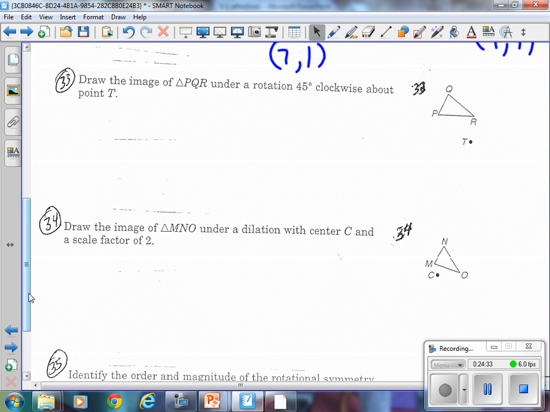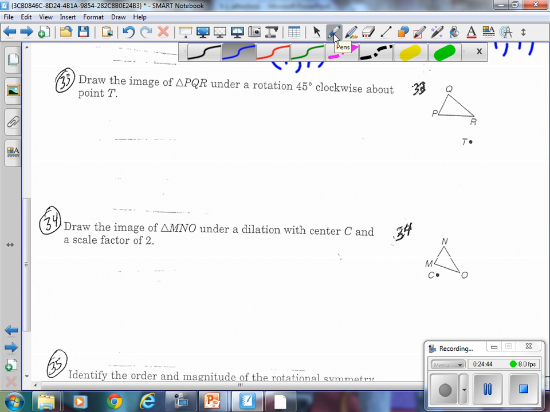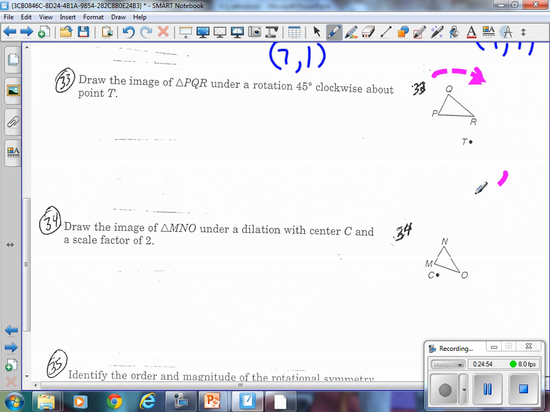Problem 35, draw the image of triangle PQR under rotation 45 degrees clockwise about point T. Change my pen color here. So let's use one of these dotted ones. We're going to go 45 degrees clockwise, which is going to be around this direction.